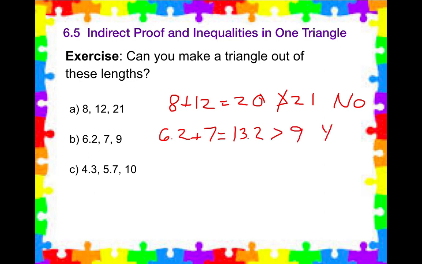So yes, I can make a triangle out of those. And the third one, 4.3 plus 5.7 is equal to 10, and 10 is not greater than 10. It's equal to, and you can't make a triangle out of the same length. They have to be at least a little bit different. So this is a big fat no.